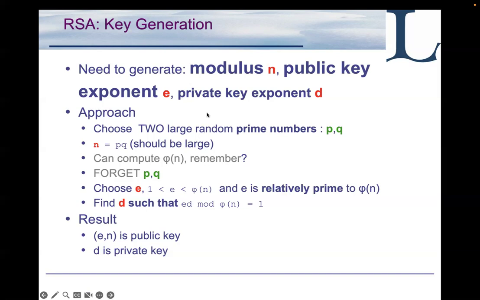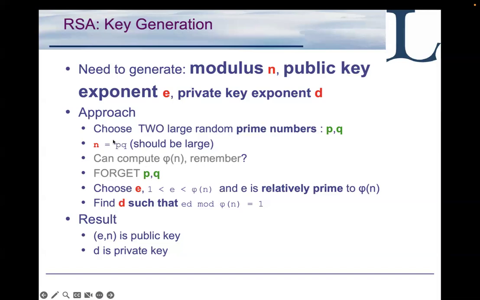You start by choosing two very large prime numbers, P and Q. When saying large, I mean numbers which are 256 or 512 bits long. So they are very, very large numbers. And you multiply them, and you never reveal which numbers you used for this multiplication.